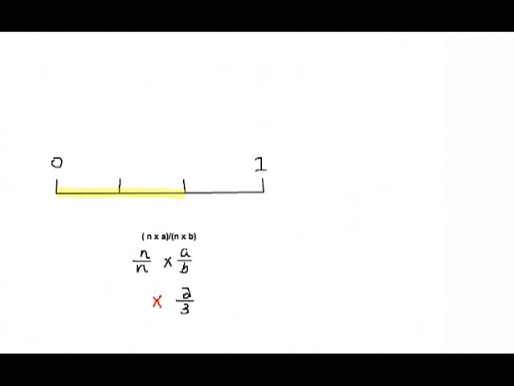Now let's go ahead and let our n over n be 2 over 2. So again, what happens is that each of those 2 pieces is divided up into 2 smaller ones, so that now we have a total of 4 out of the original, well, now 6 pieces.